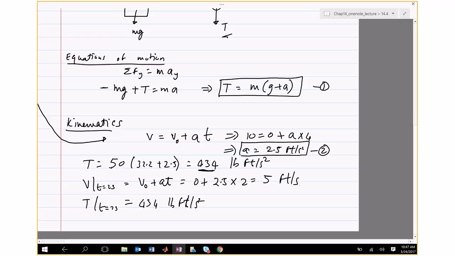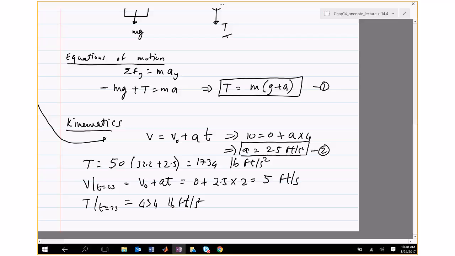Is it not 434? Oh, it's double of that, my bad. I did it slightly differently here, so it should be 867 times 2. It should be 1734.